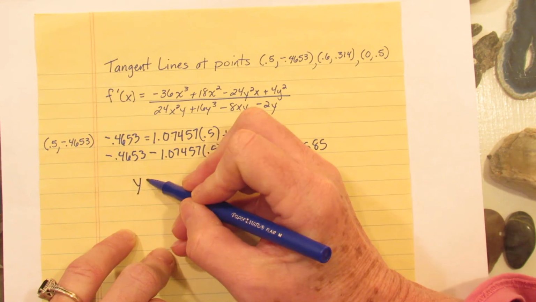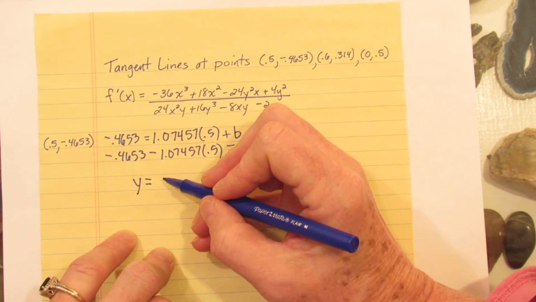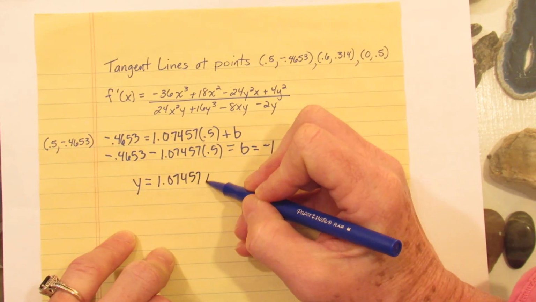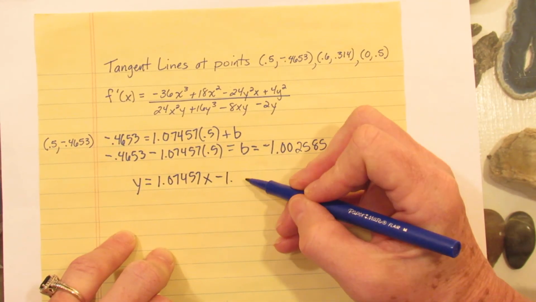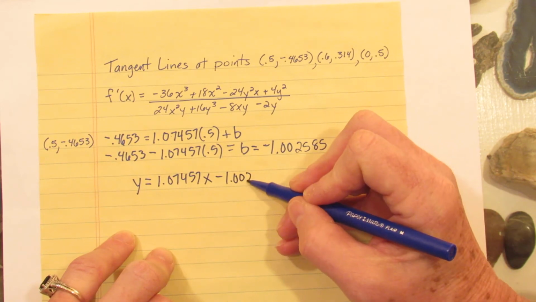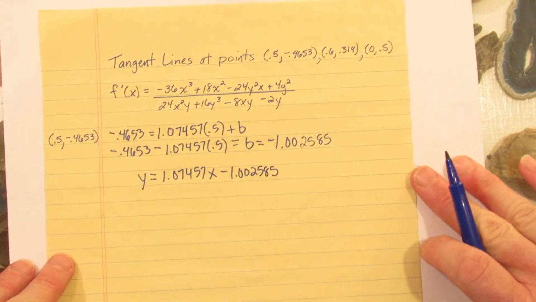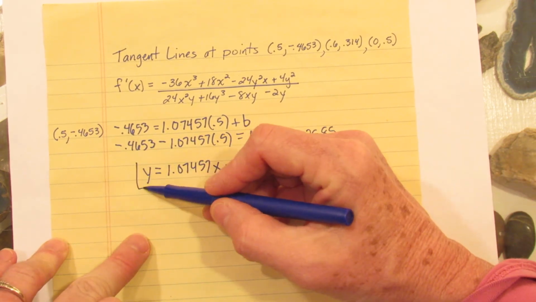So the line that's tangent to the curve at that point is y equals 1.07457x minus 1.002585. And that's the tangent line at that point.